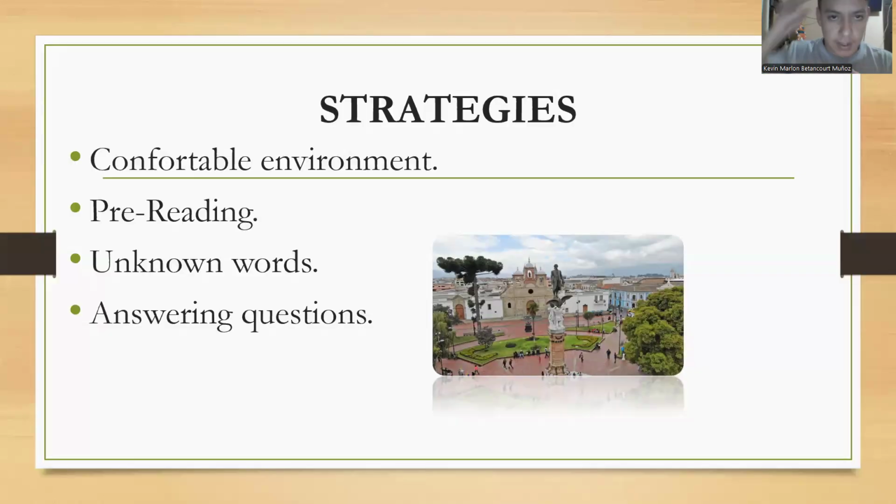As you can see, these are all the strategies that I will implement in order to improve their reading skills. For example, comfortable and suitable environment, reading unknown words, and answering questions.